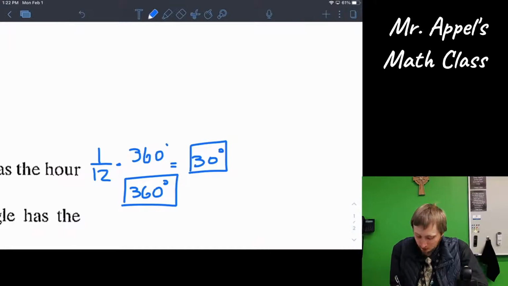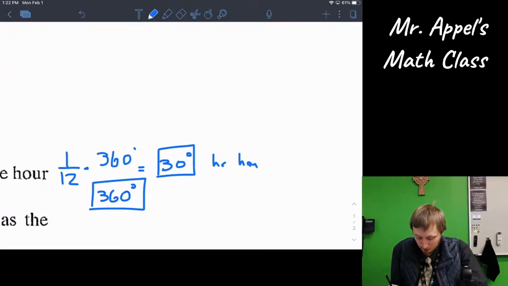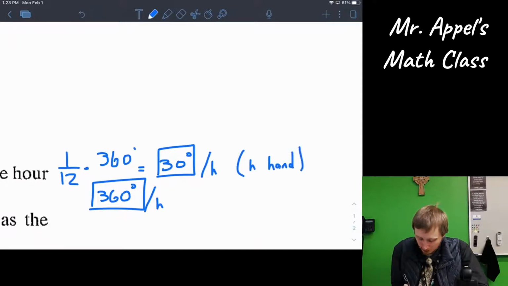Okay? So this is for the hour hand, or let's say 30 degrees per hour, 360 degrees per hour for the hour hand, and this is for the minute hand.